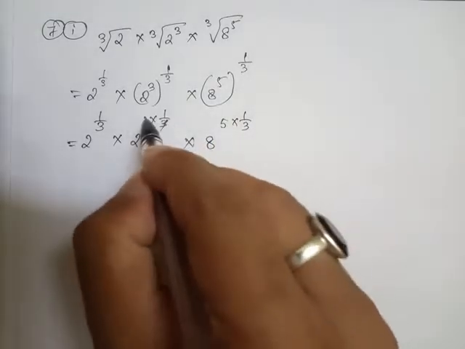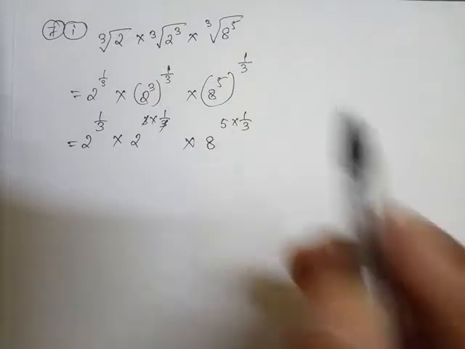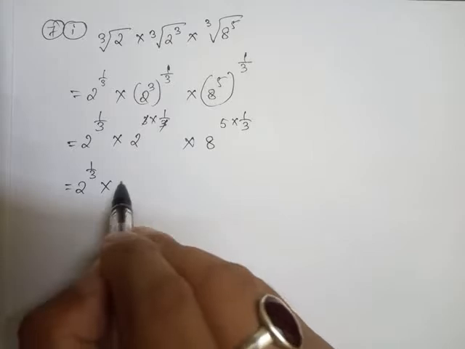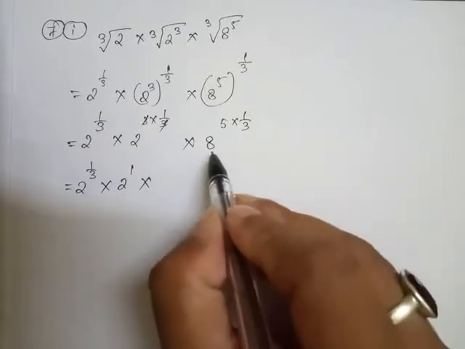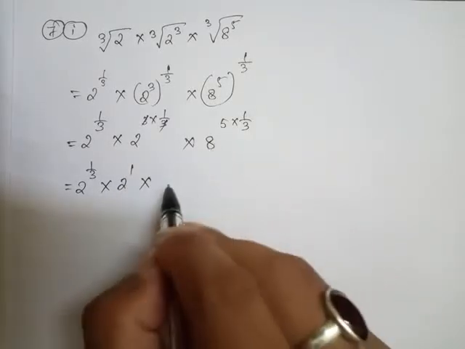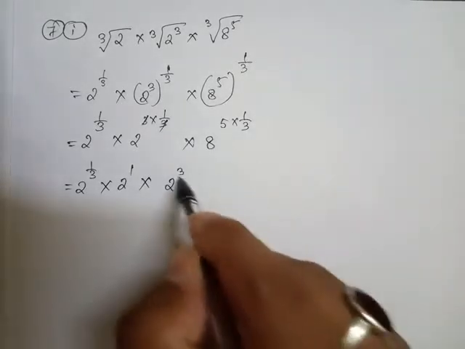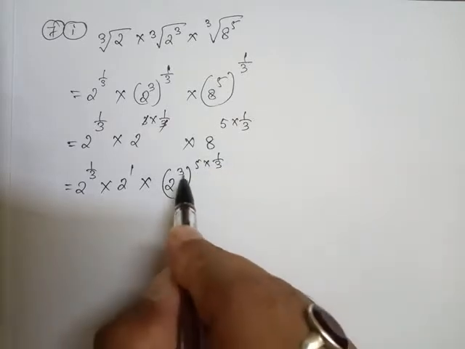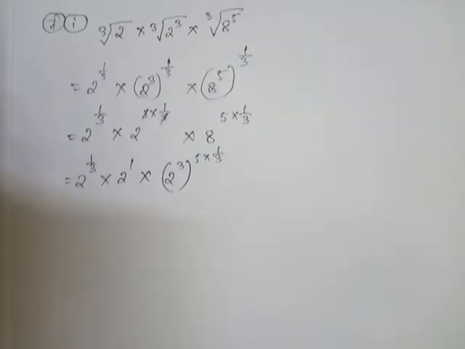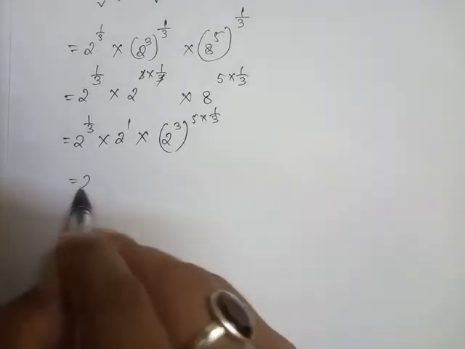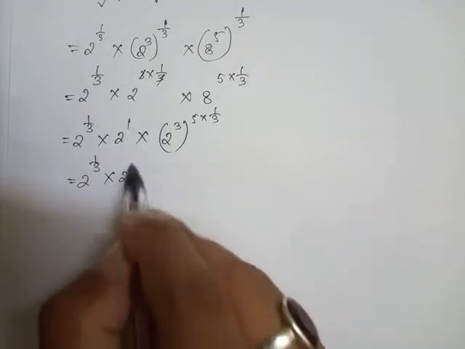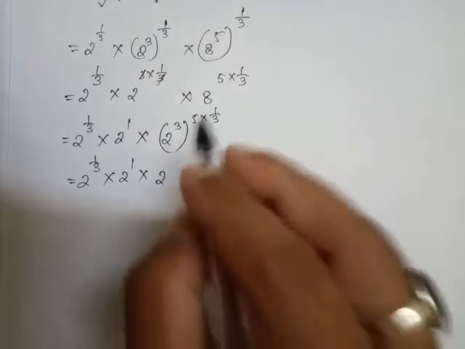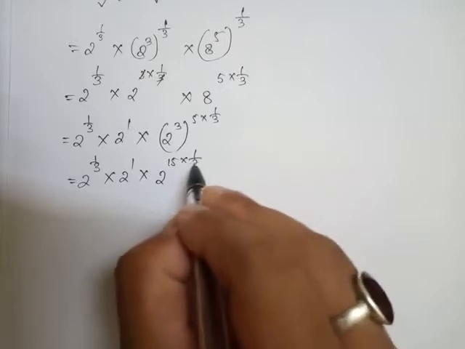Now look here students, 3 and 3 cancel, and in the next step we'll write 2 to the power 1 by 3 into 2 to the power 1 into, 8 can be written as 2 cube, 2 cube to the power 5 into 1 by 3.